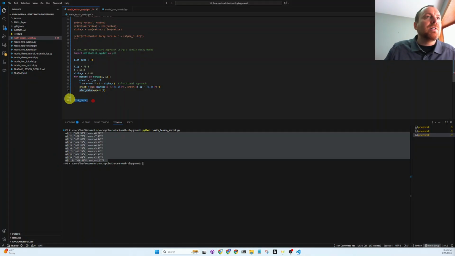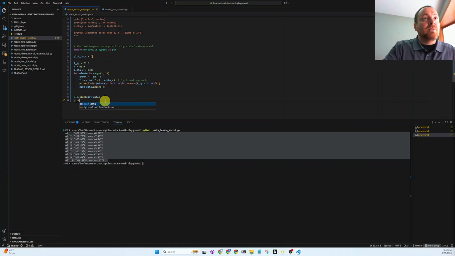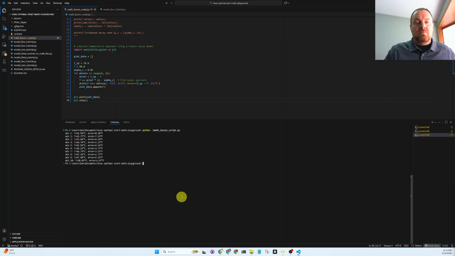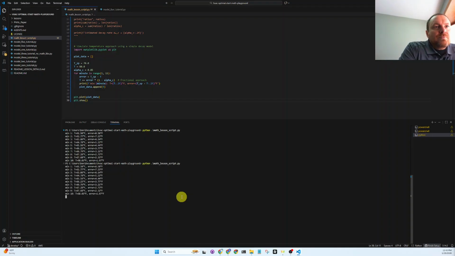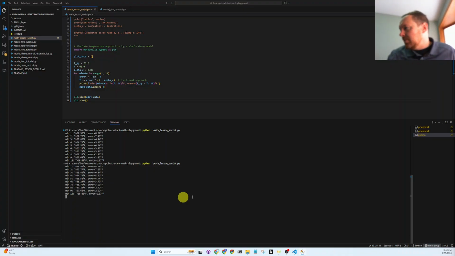So we do plt.plot and then pass in our plot data. And then I think we just do plt.show. Alright, so where did our little plot go?